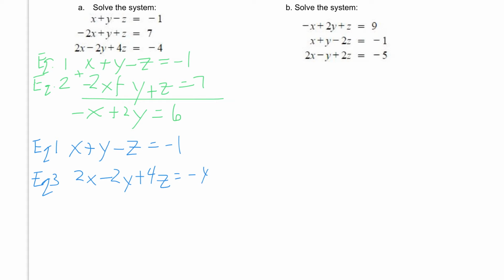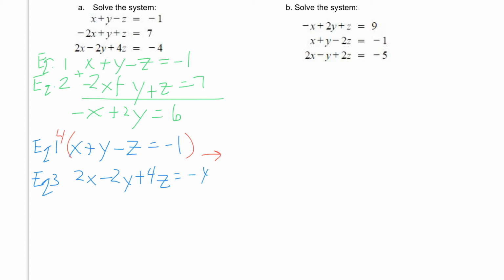Now the difference with this one is that my z's are not opposites right now. But I have to eliminate my z's since I eliminated my z's in the first equation. In order to eliminate my z's, I can multiply this top equation by 4. So I'm going to go ahead and multiply the top equation here by 4. And that's going to bring me a new equation. Now I'm writing pretty big because I'm on the videos, so I'm going to be running into the space for part B. If you can avoid that, great.